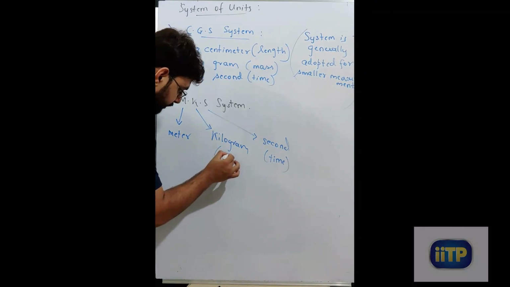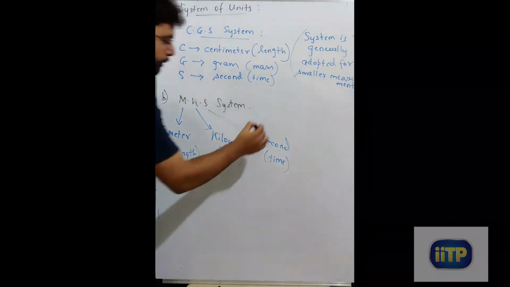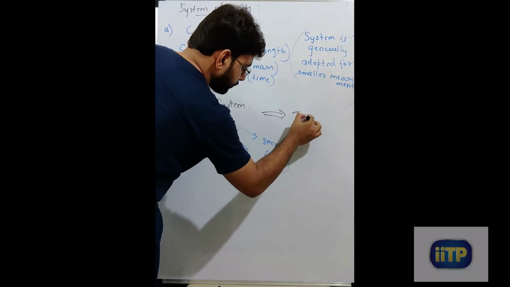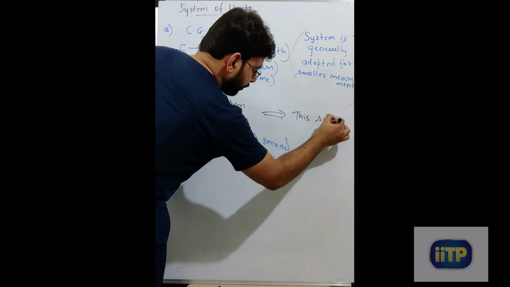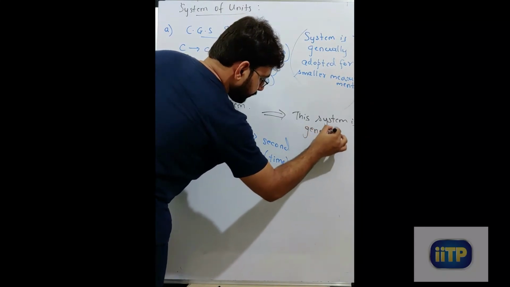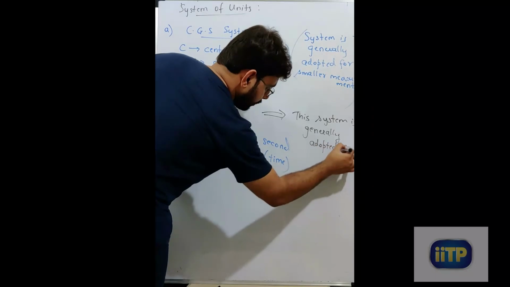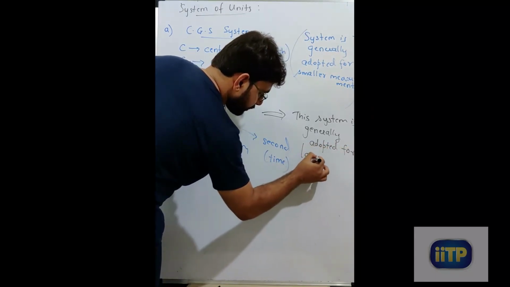This is for mass, and this is for length, right? This system is generally adopted for larger measurements.